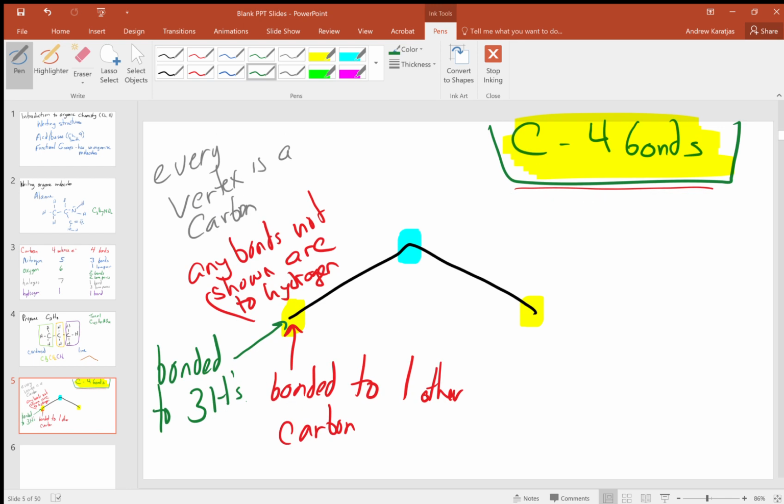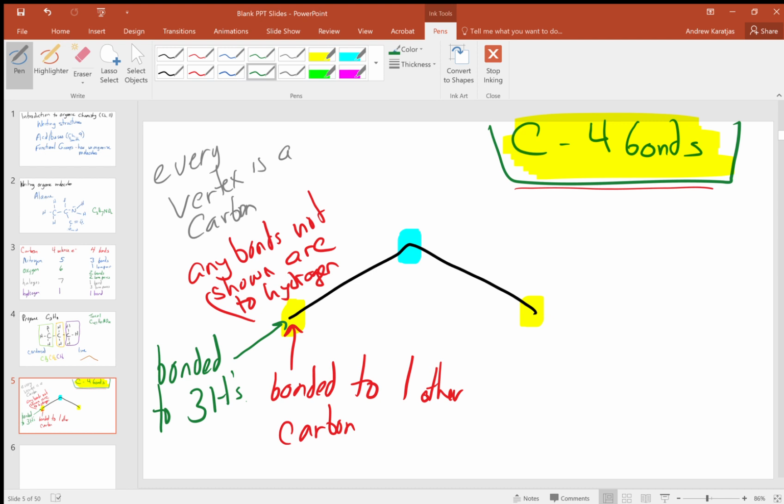Again, let's review what we meant by that. So with that carbon, we can see that it's very clearly bonded to one other carbon, that one here.